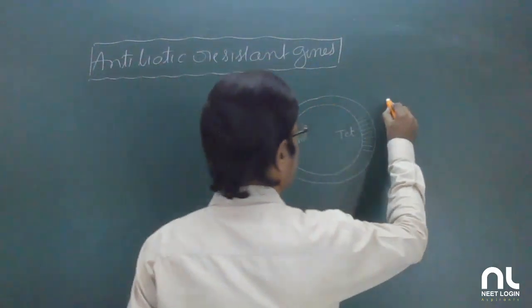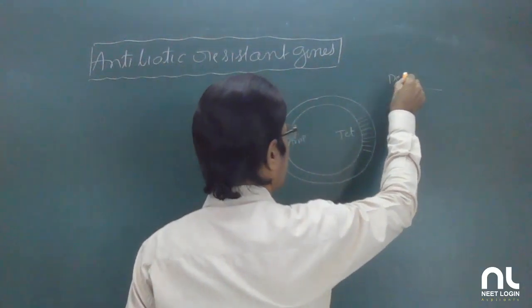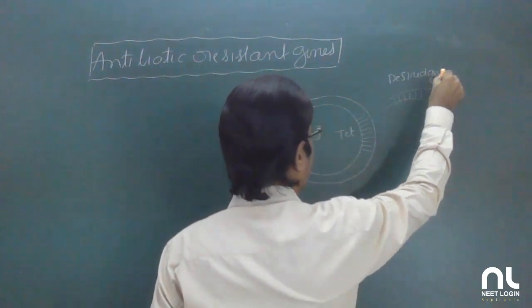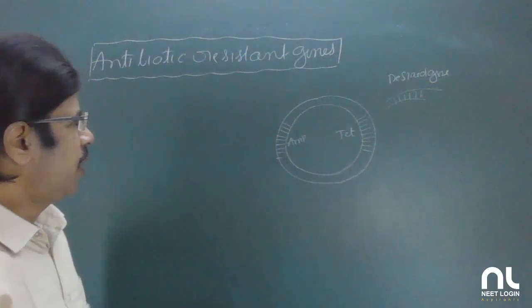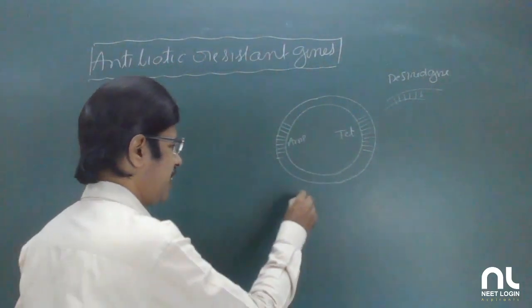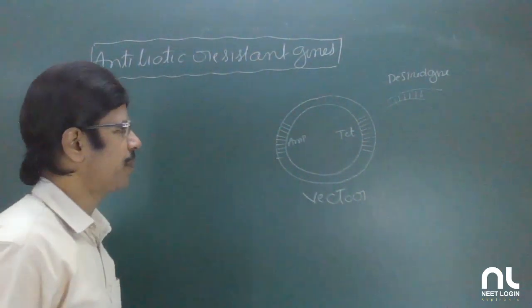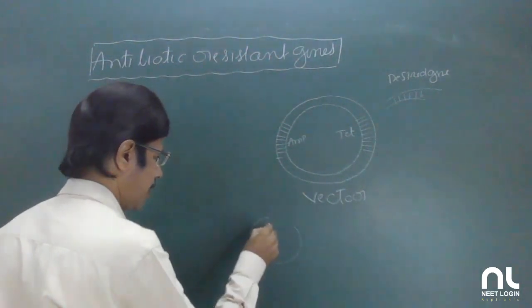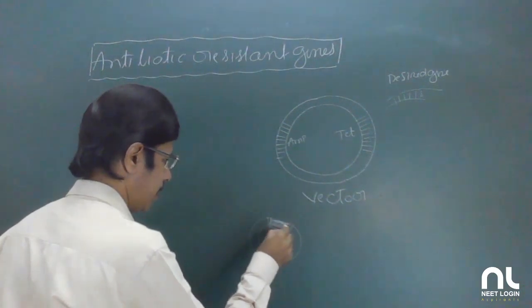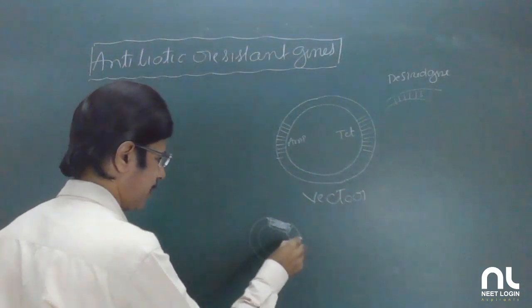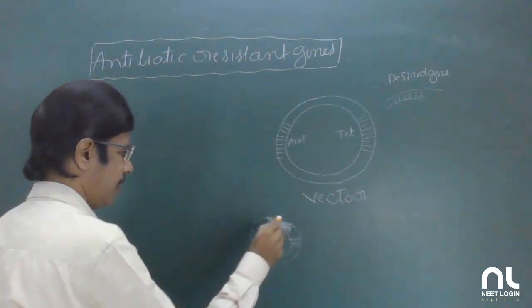And suppose you clone a foreign DNA, a desired gene, into a vector. Suppose it is a desired gene, it is ampicillin, tetracycline, ampicillin.